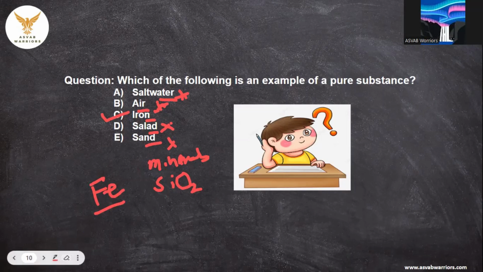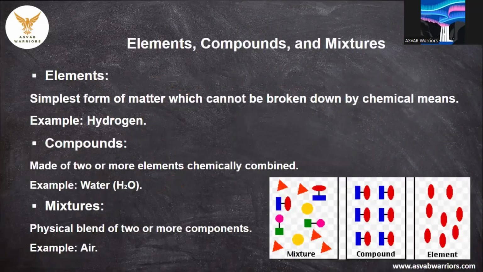Okay, we will move on to the next slide. Again, we are coming to compounds and mixtures, so we will see in detail. Elements are the simplest form of matter, which cannot be further broken down by chemical means.